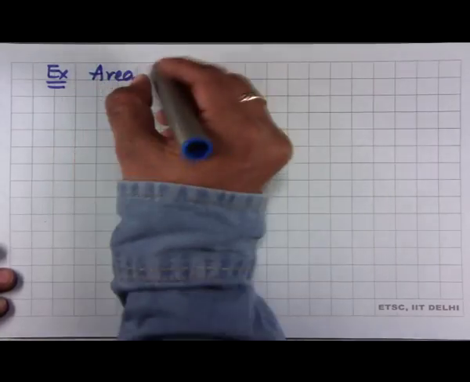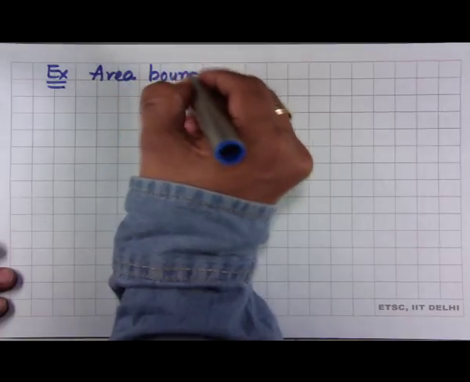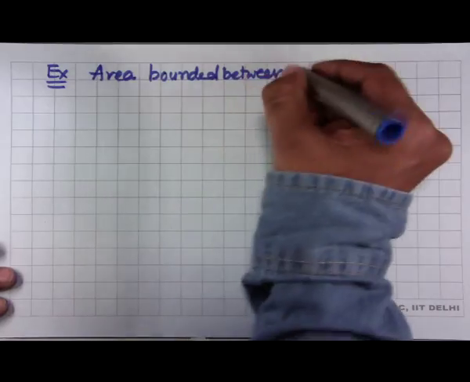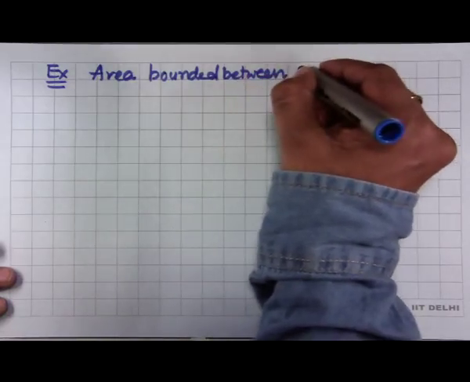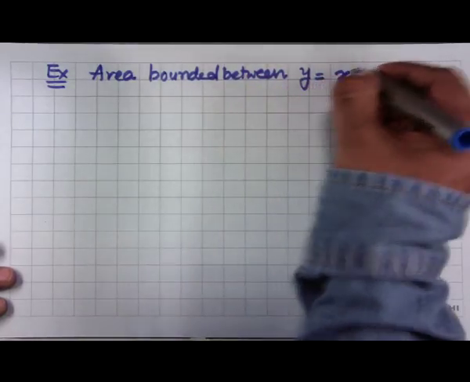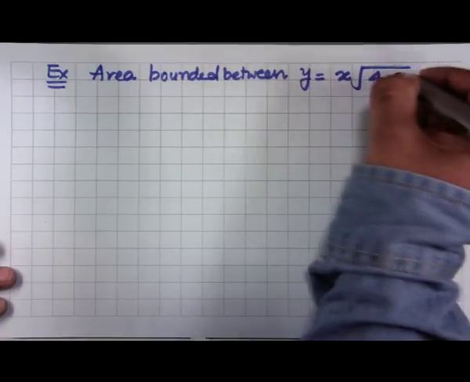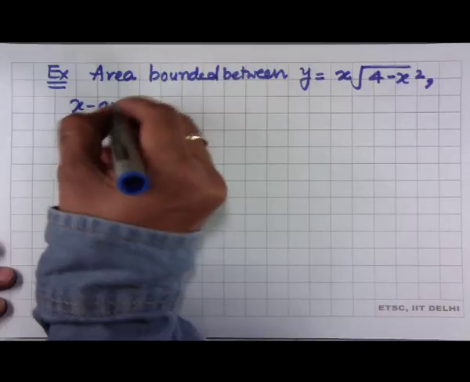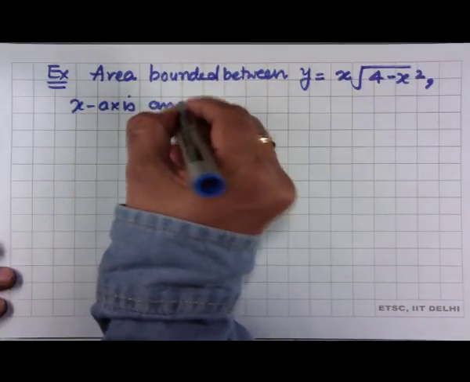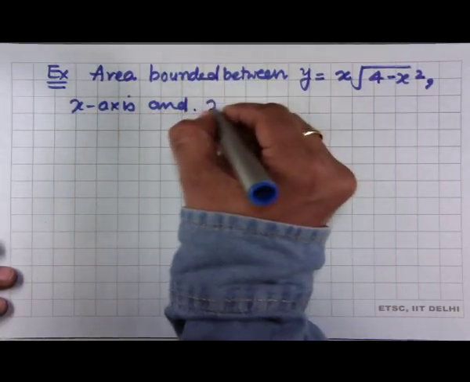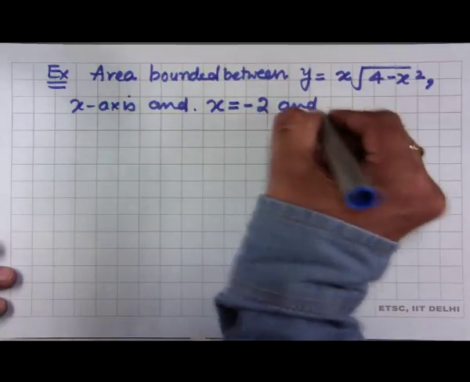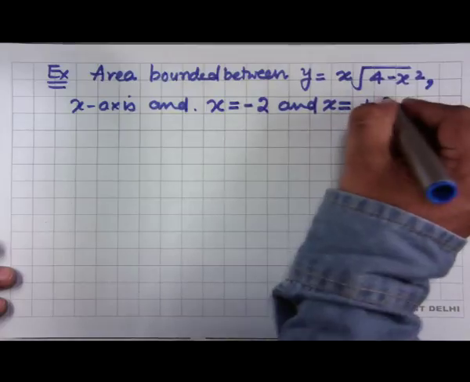Area bounded between y equals to x root 4 minus x square, x axis, and x equals to minus 2 and x equals to plus 2.